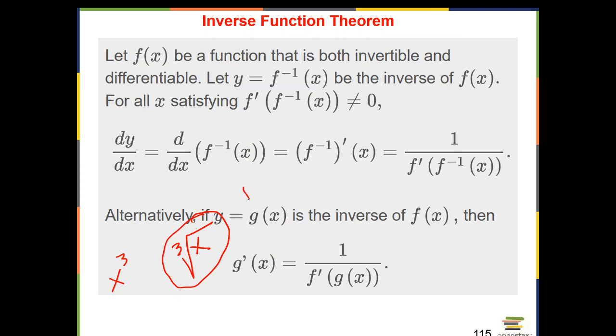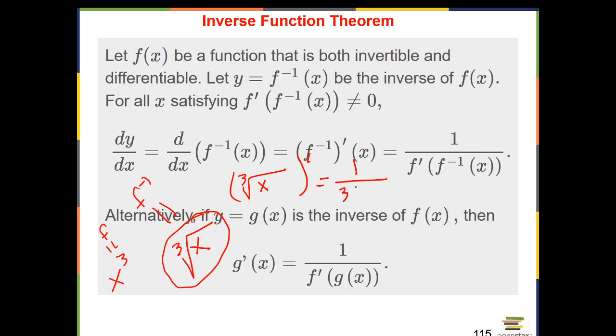So if I want to find the derivative of cube root of x, I can do this. I say the answer is 1 over the derivative of f, which is what? What's the derivative of f? So think of this as f, and think of this as its inverse, right? So the derivative of f is 3x squared.